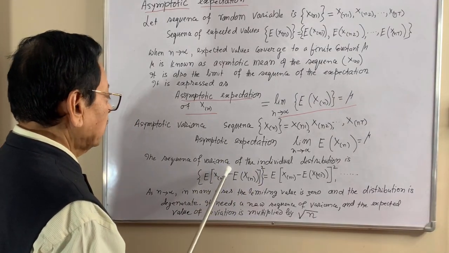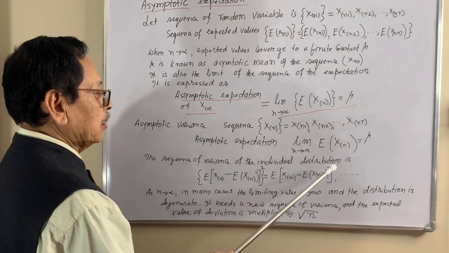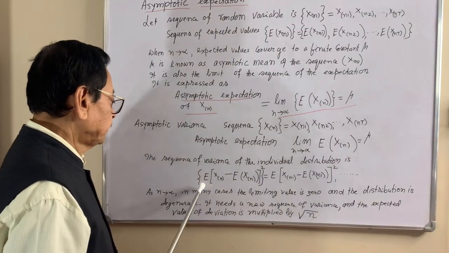Now the sequence of variances of the individual distributions.